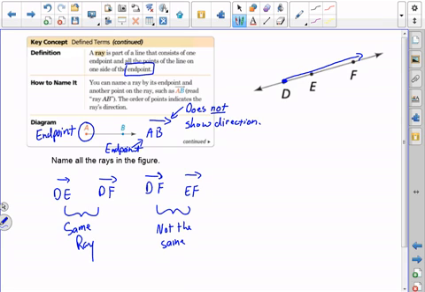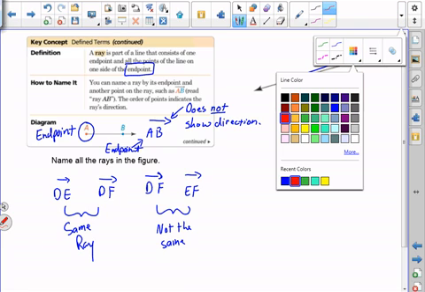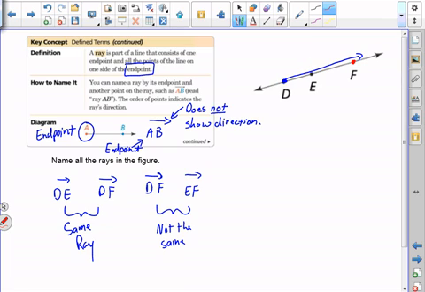So we have some arrays going that way. And we could also name them going in the other direction. So for instance, let's pick a color here that's different than blue. Now let's start at F and head the other direction.